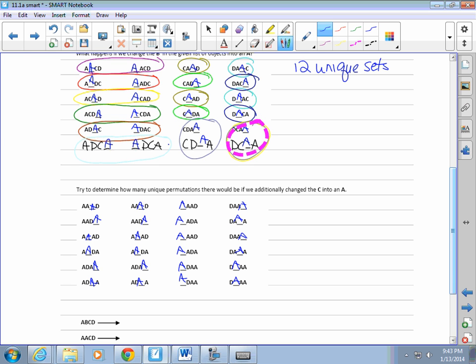Okay, and if I looked for unique sets, so triple A D, all of these, AADAs, all of those. Triple AD, well, that was the same as this one.